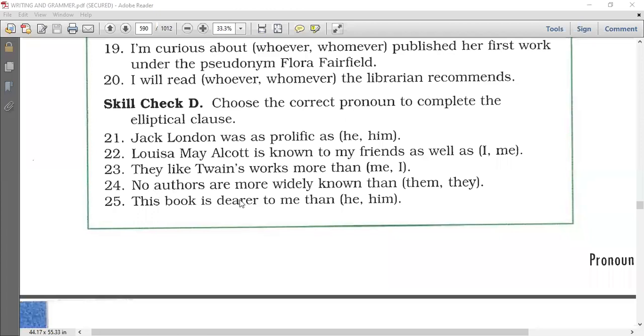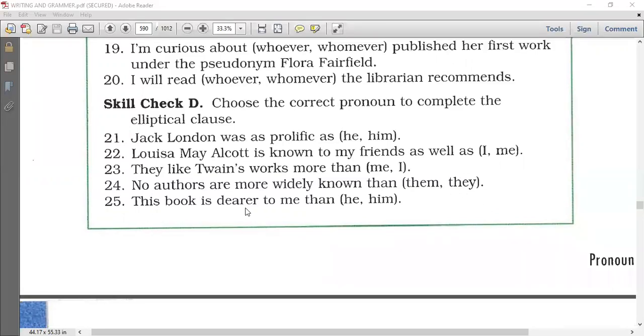No authors are more widely known than them. Okay, let's see. No authors are more widely known than they are. No authors are more famous or known than they are. Okay, but the word are is repeated. So the answer is they. I will do this later, as I said earlier.